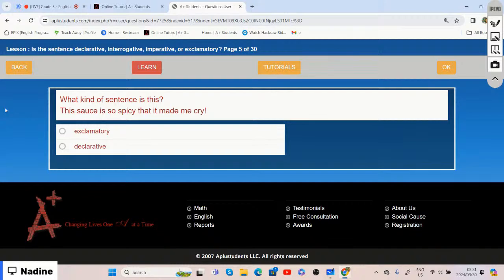We need to say what kind of sentence it is. An exclamatory sentence or declarative sentence.